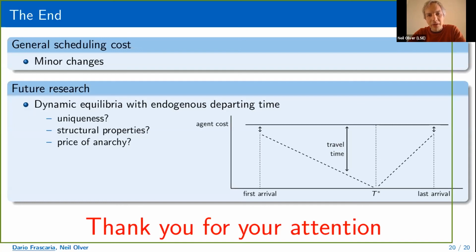For fixed departure rates, there are some negative results and then some open questions. There doesn't seem to be an easy way to apply any of these static results to this model. It seems quite different in some respects.